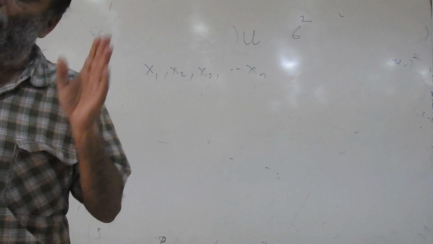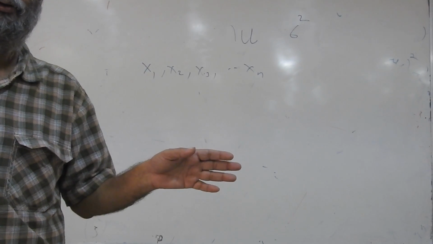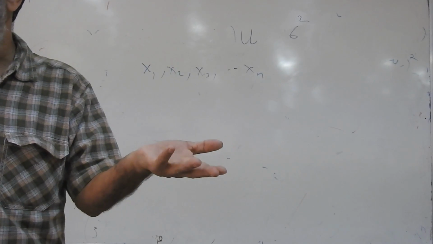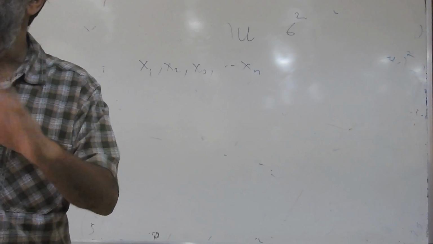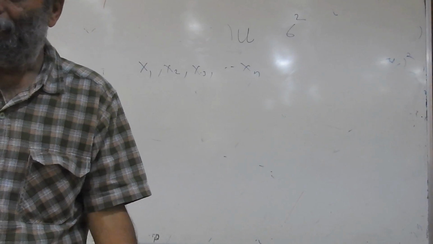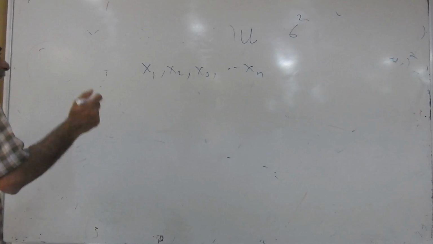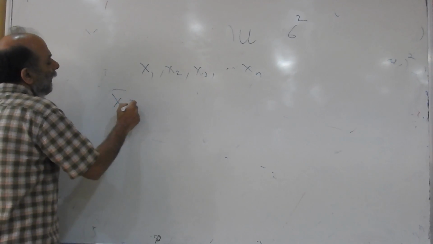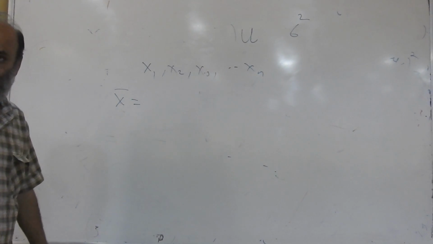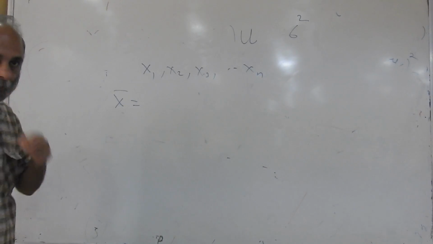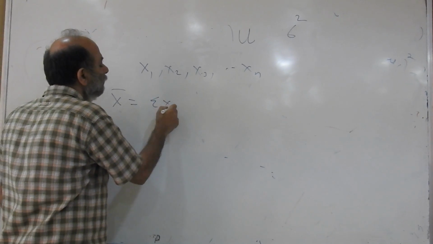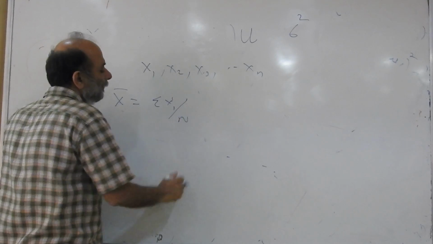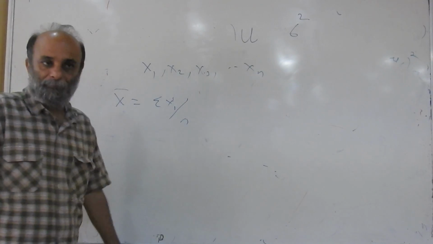Does x2 depend upon x1? No. Does x3 depend upon x2? No. They are all independent because they are randomly picked. Now think of forming x bar, which is summation xi upon n.